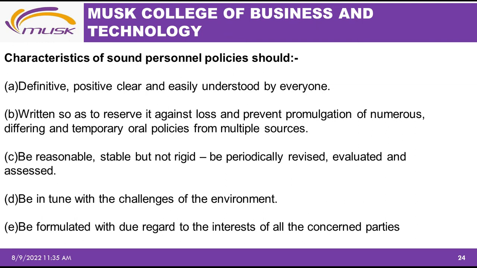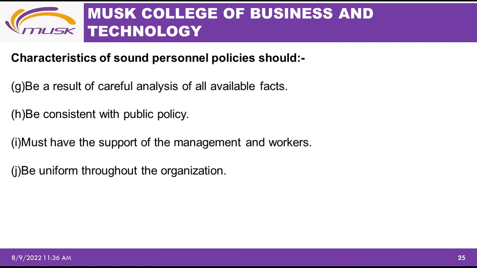The other one is to be formulated with due regard to the interest of the concerned parties. So the major concerned party here is employees. So as we think about developing these guidelines around promotion, around drug abuse, around recruitment, we need to have the employees in mind.